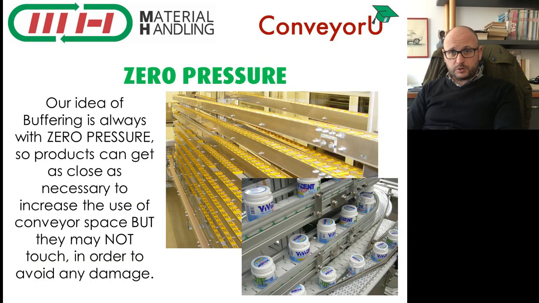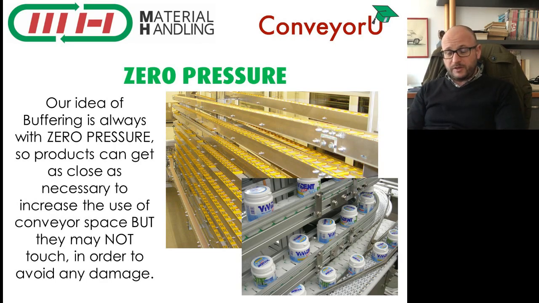Another point, and this is not really common for everyone, but in our opinion, the buffer should be zero pressure. The products should be as close as they can be in order to maximize the capacity of the available space inside the buffer, inside this vessel where you take the products out of the line and keep them until the production can go back online.